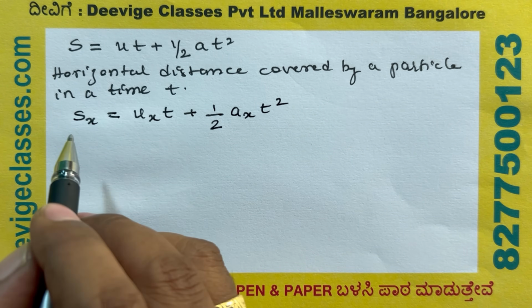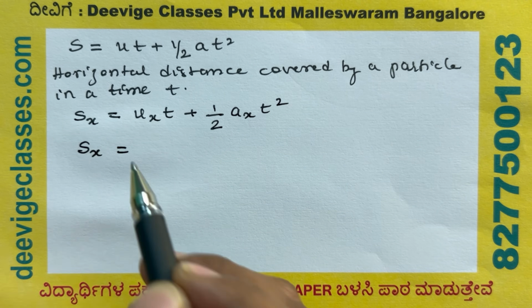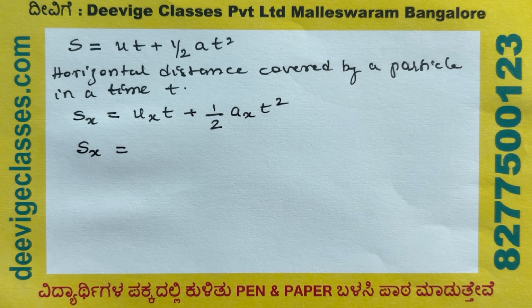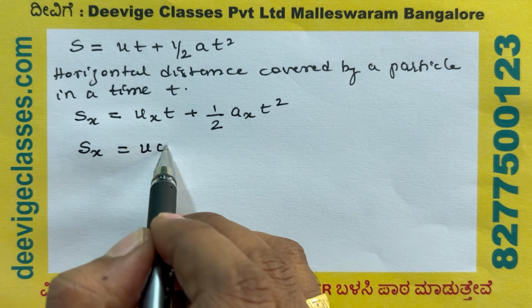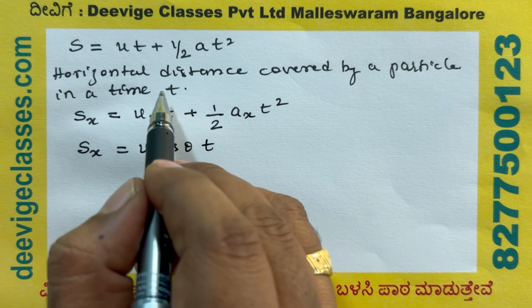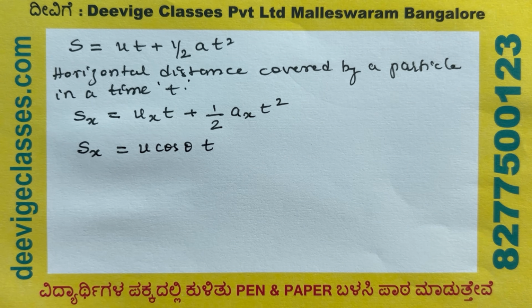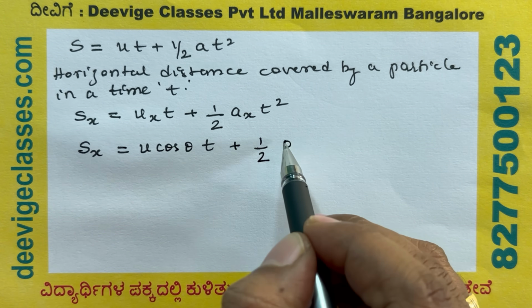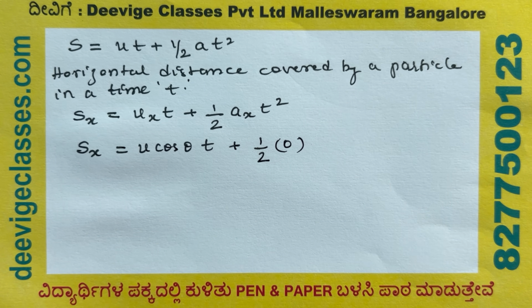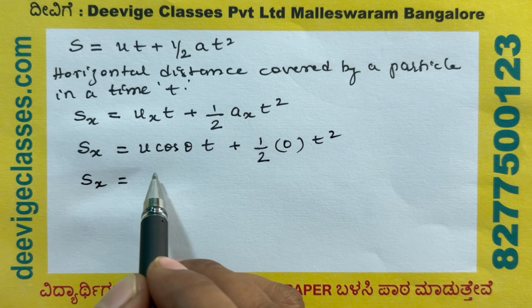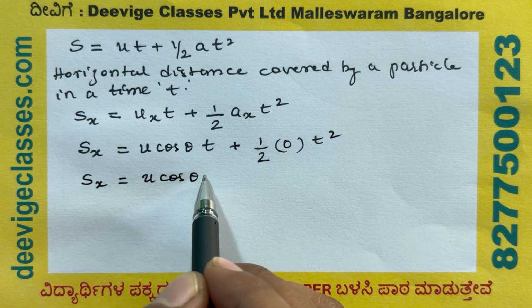So the horizontal distance covered by the projectile in a time t, x, is equal to u suffix x, which is u cos theta, into t, plus half into a suffix x, which is 0 because there is no acceleration along the horizontal direction, into t square.